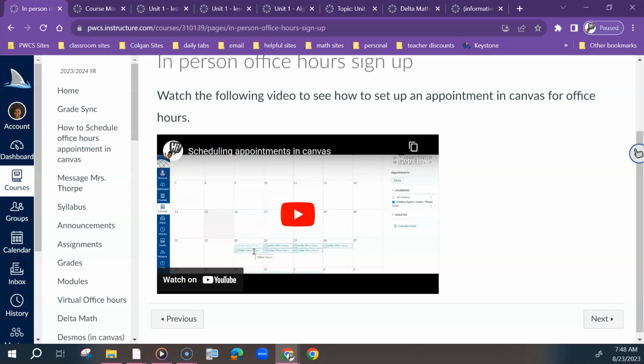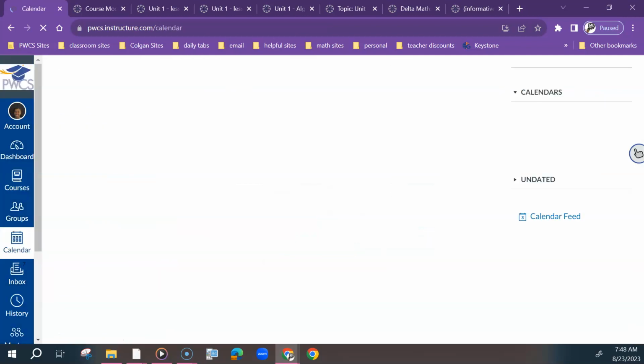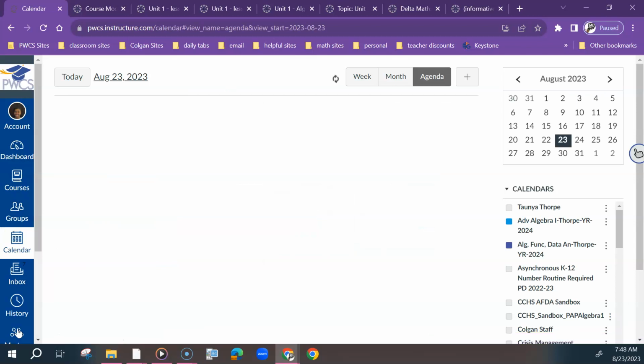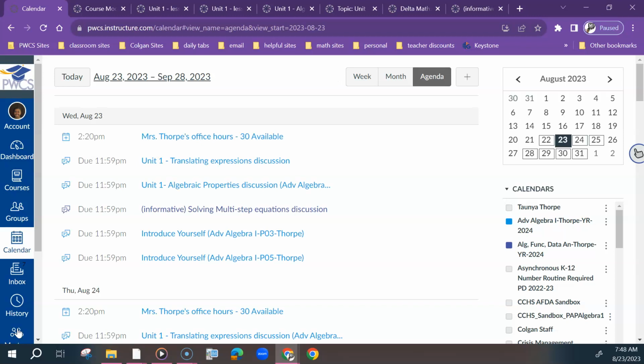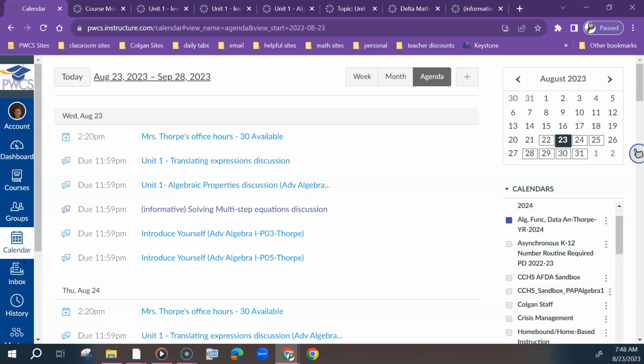If you click that, it'll take you to this page. The page it's talking about is in your calendar. When you actually go to schedule appointments, it will be in your calendar.